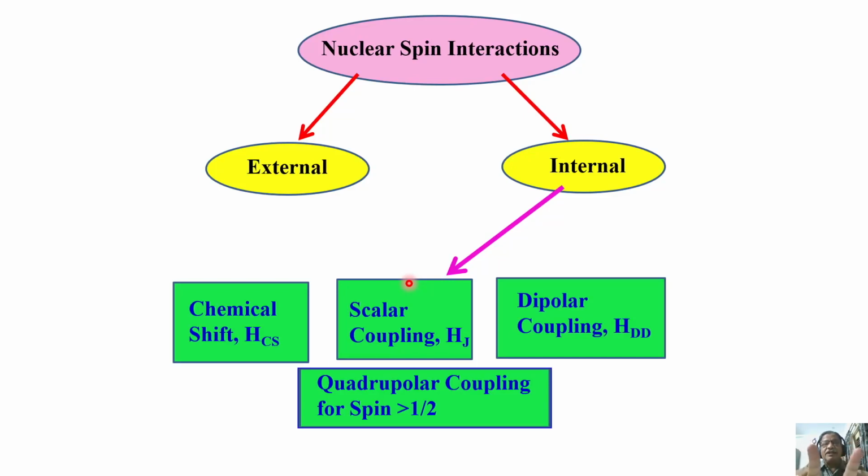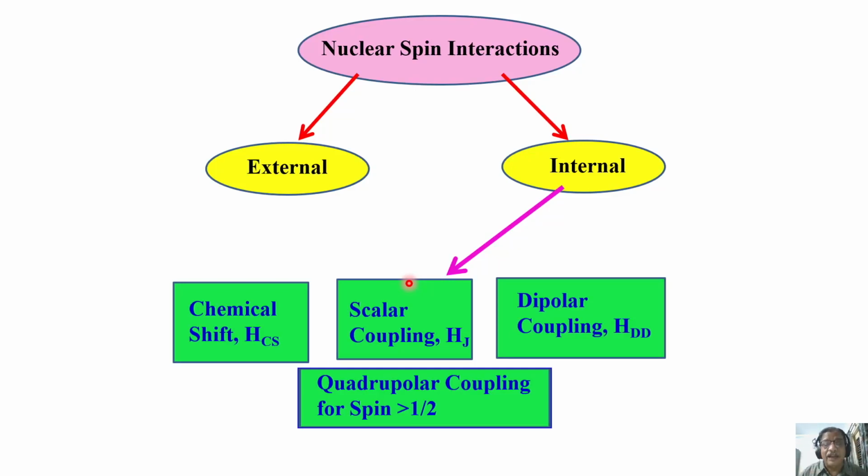Just imagine two magnets. You keep one magnet far away, the other magnet far away. There won't be any interaction. As you bring them closer and closer, and you become very close, you have seen it. You would have seen in your school days or early college days, when these two magnets come close, there is an interaction, either attraction or repulsion, depending upon the way you bring them closer.